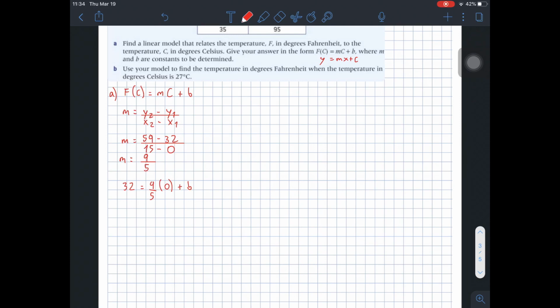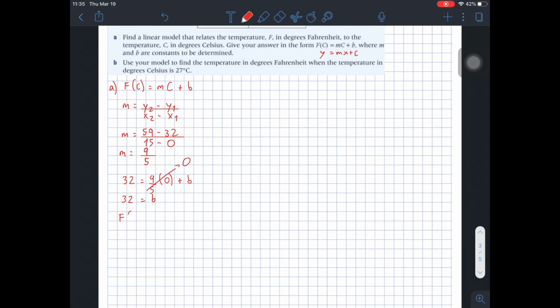So this eliminates, this is 0. So 32 equals b. So finally the equation is f of c equals 9/5 c plus 32.